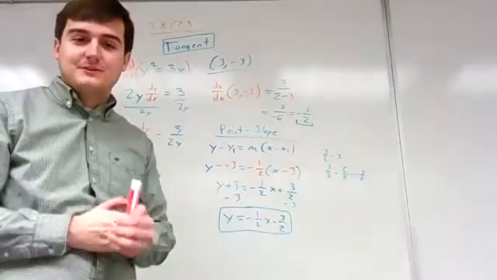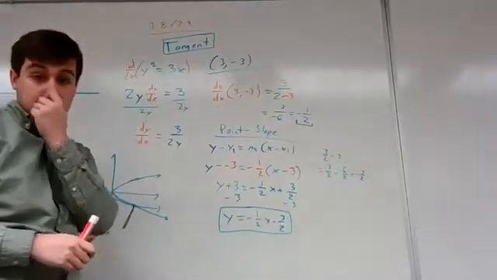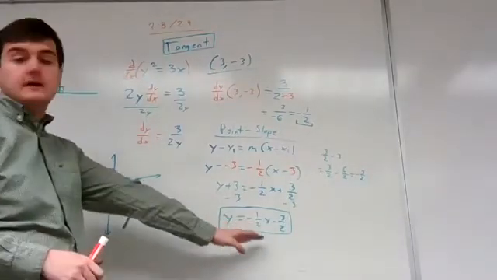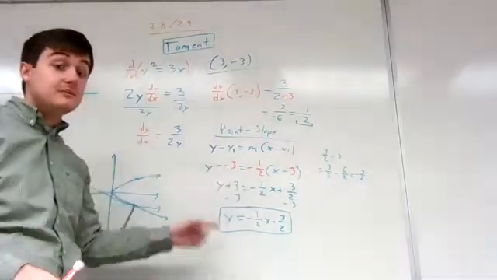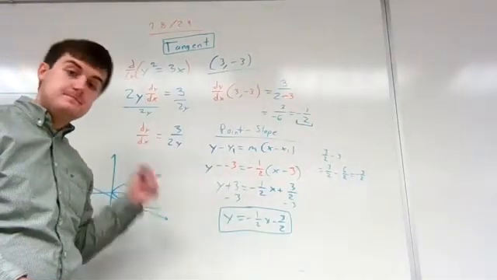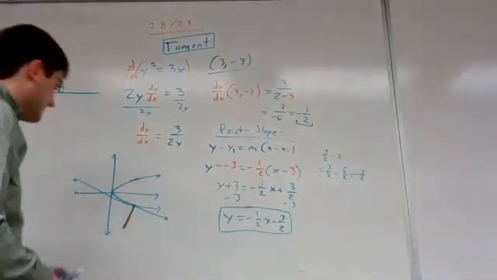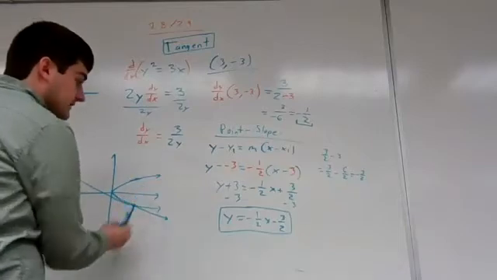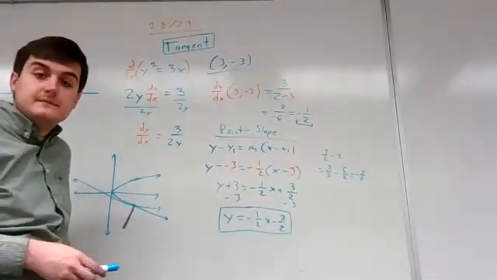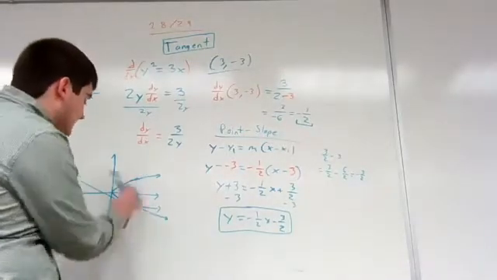Now, who here remembers, if I am given a line, how do I find the slope of the line perpendicular to it? Well, first let's recognize, this is our line here, and this line is going this way. So its slope has changed signs and become positive, because it's going up now instead of down.